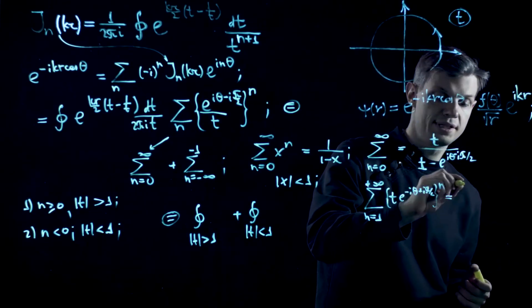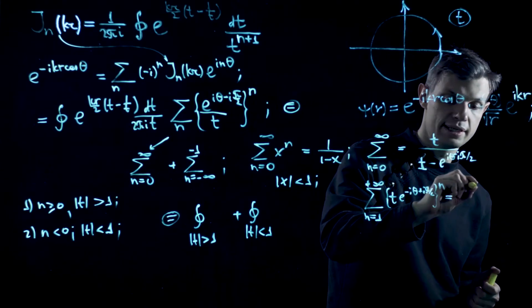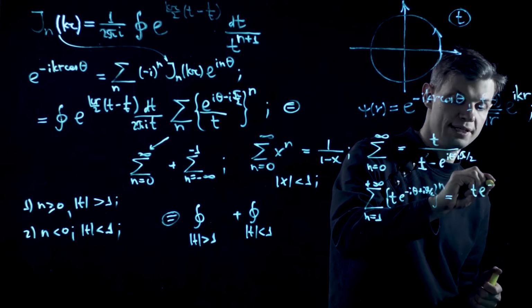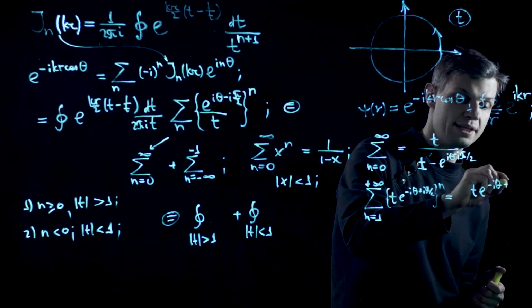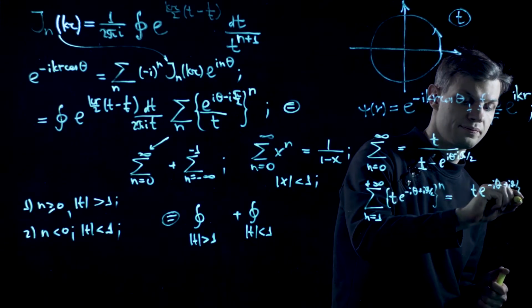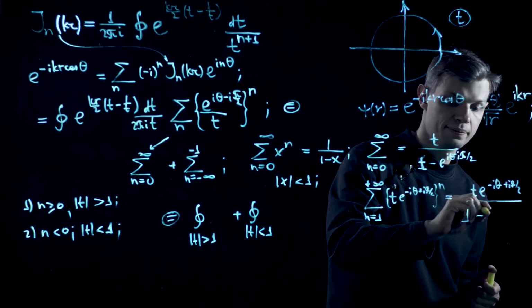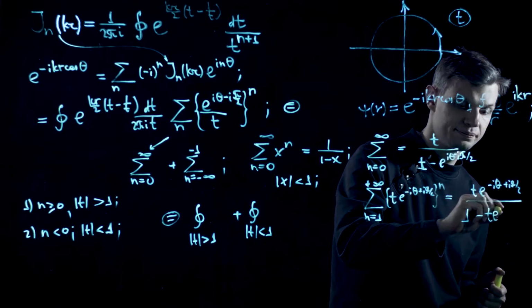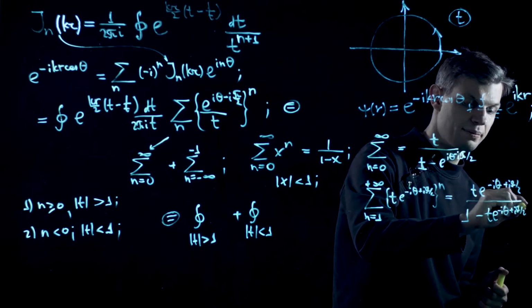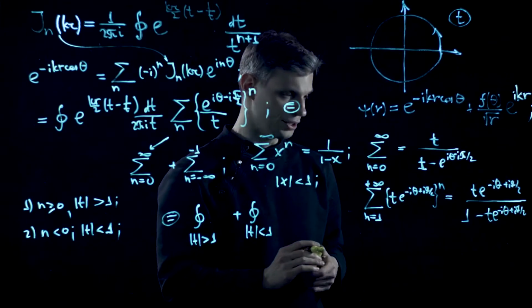And the result is t times e to minus I theta plus I pi by 2 divided by 1 minus t multiplied by the correct exponential.